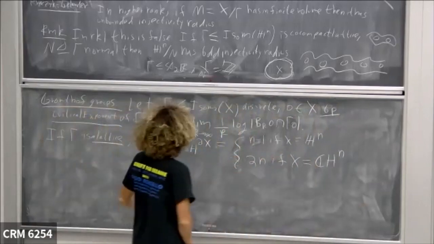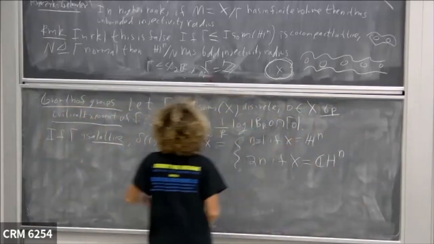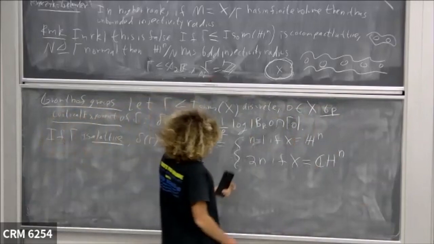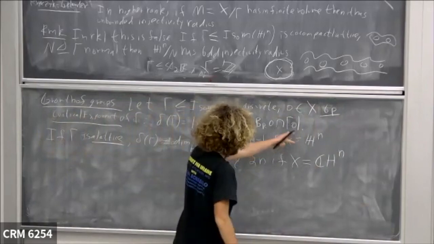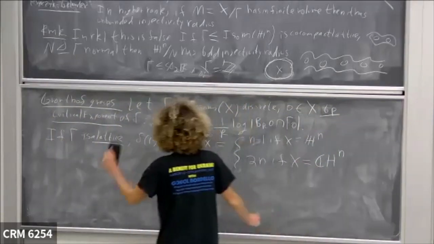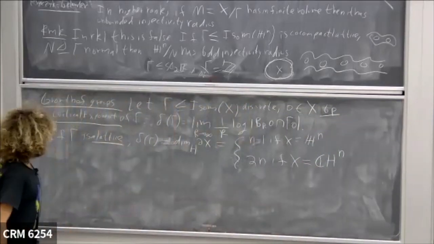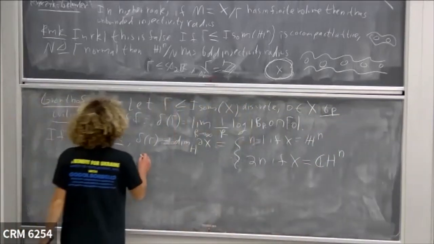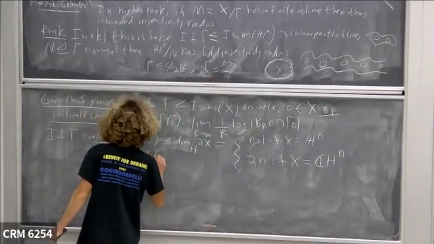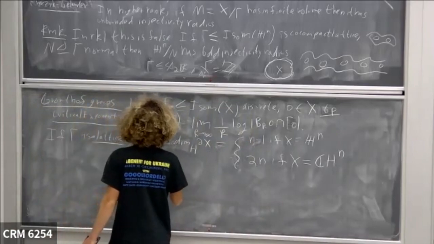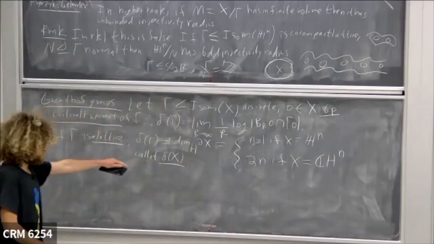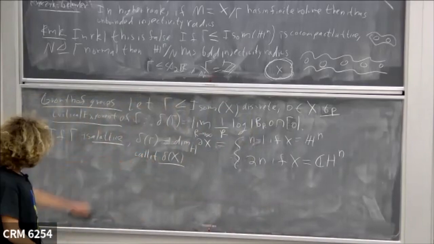In particular, for SL2R, any lattice has critical exponent 1. You can just concentrate on the case H^2, and 1 is a very nice number. For future reference, I'm going to call it delta of X, because it's really a property of this symmetric space.